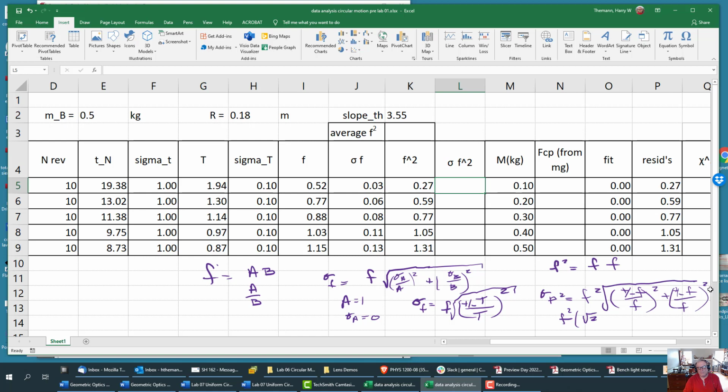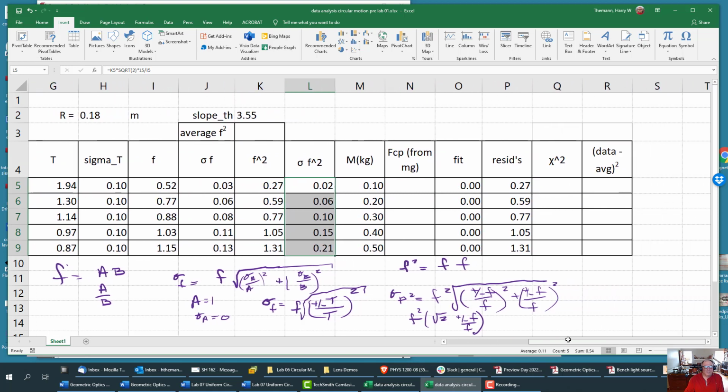And then I take the square root, and I get plus minus f over f. So it's only just slightly more complicated. Equals f squared times square root of 2 times plus minus f divided by f. Bingo. So now we have an error bar for each of the f squareds. We're on our way, huh?